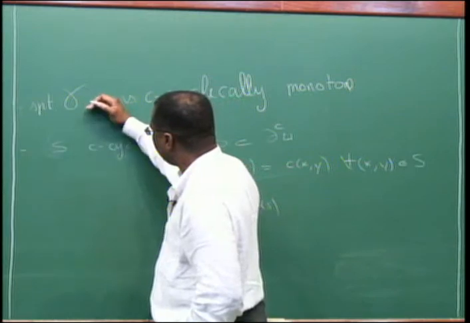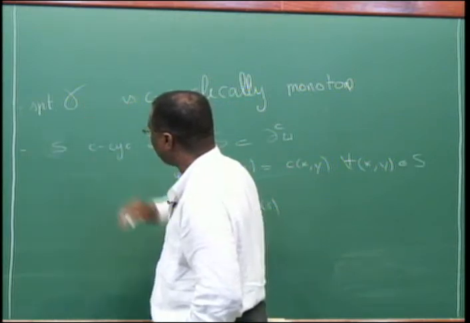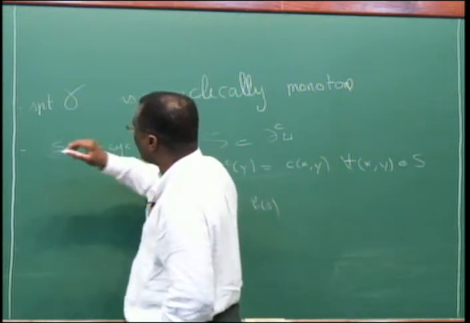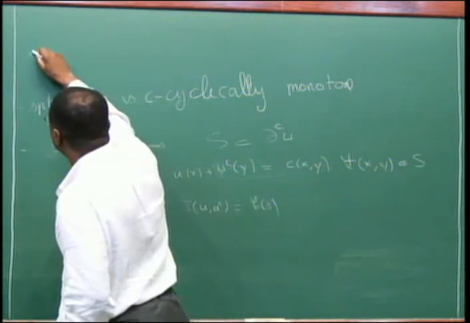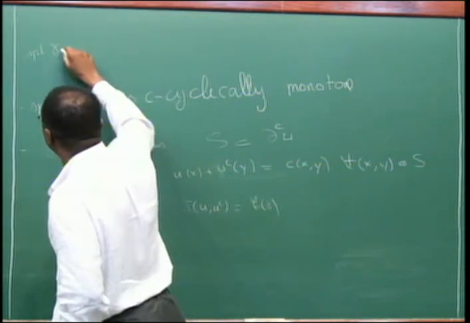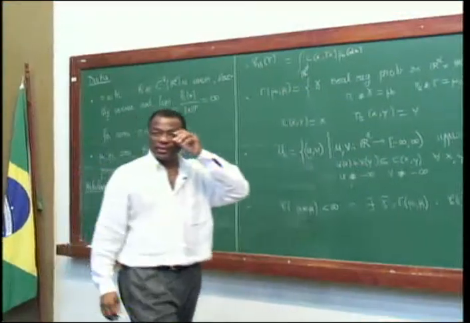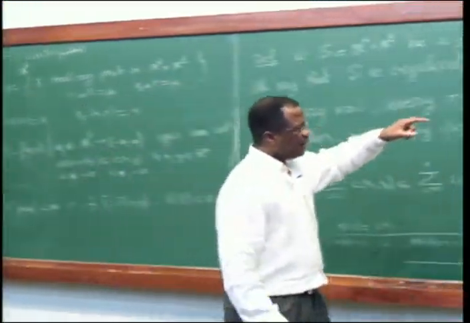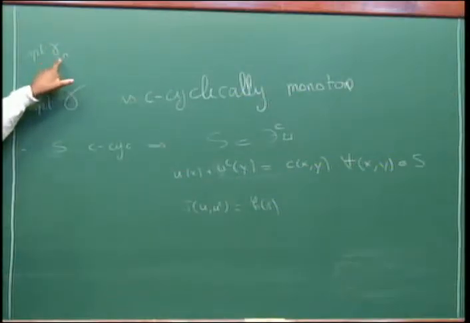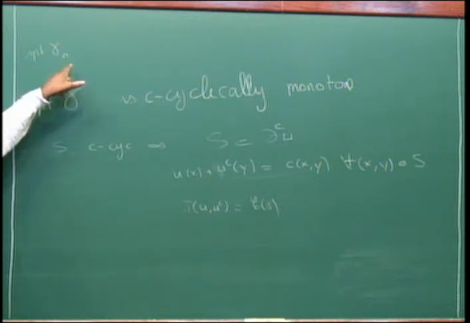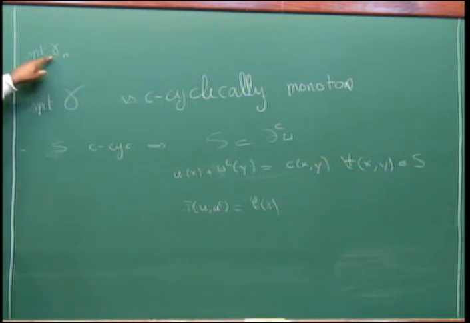So I want to show this. I am going to start by approximating mu naught and mu 1 by measures of compact support. In that case, it will be easy to show that the supports of gamma n are c-cyclically monotone. Then I'm going to show that gamma is a limit of gamma n.